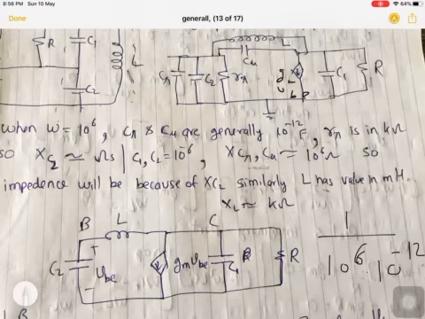Whereas the impedance because of C mu is again mega ohm. If we do a parallel combination of mega ohm and kilo ohm, the result will be in kilo ohm. So I am neglecting the impedance because of C mu with respect to the impedance because of L, and I am putting just L. Therefore I have approximated my circuit in such a way that here only C2 will be there, here L will be there. This is C1, R, GM, VB.